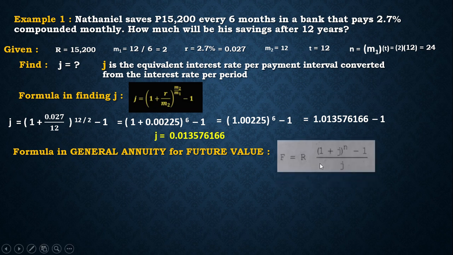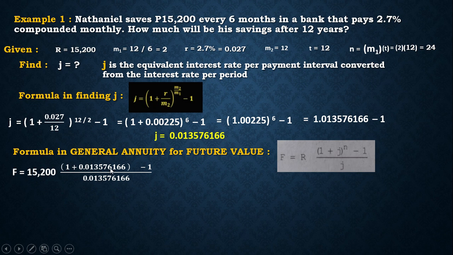Formula, F is equal to R multiplied by the quantity of 1 plus J raised to N minus 1 divided by J. So, i-substitute po natin itong mga to sa given. So, we have yung R natin, the regular payment, which is 15,200. Ito po siya. And then yung J, ito po yung nakuha natin kanina.